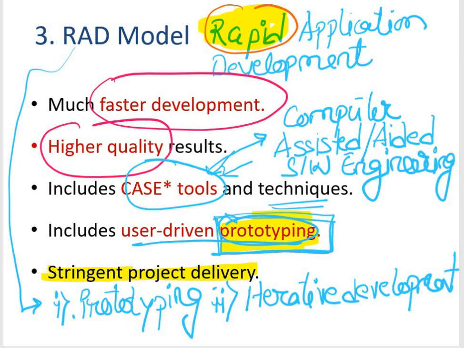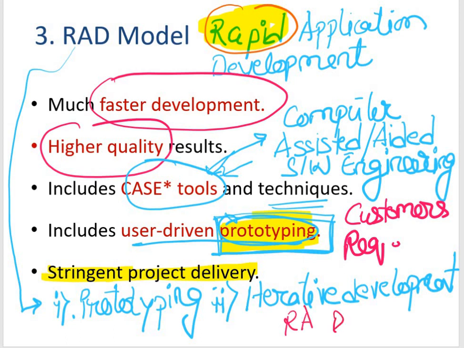So the main focus is to gather the customer's requirements through workshops or focus groups. Early testing of the prototypes by the customers using iterative concepts, reuse of the existing prototypes, continuous integration of the rapid application delivery as well.